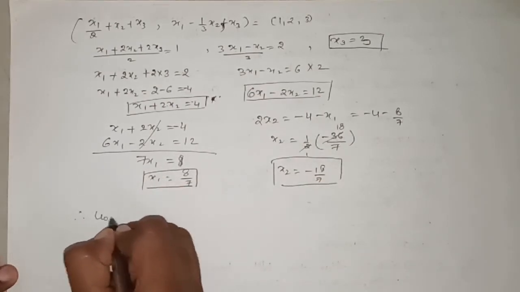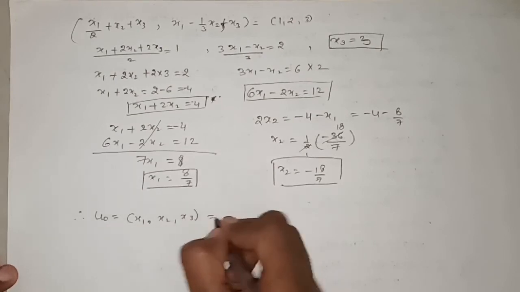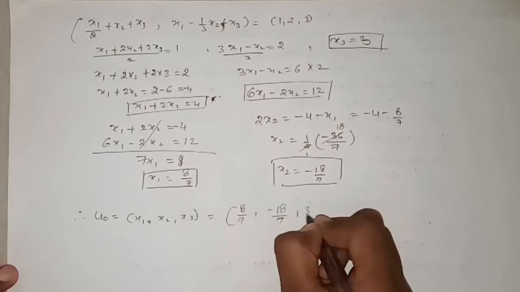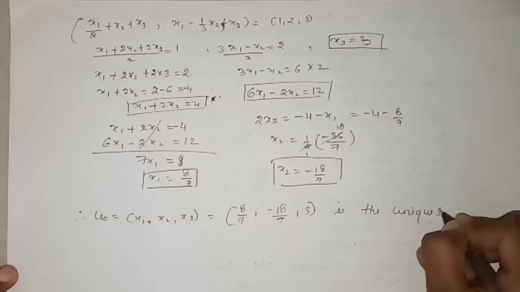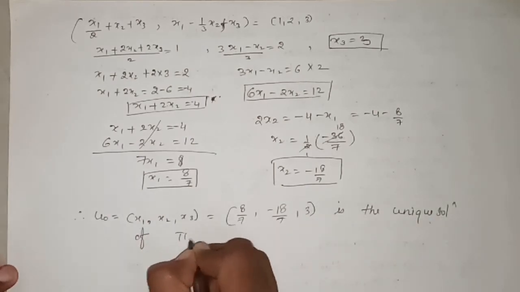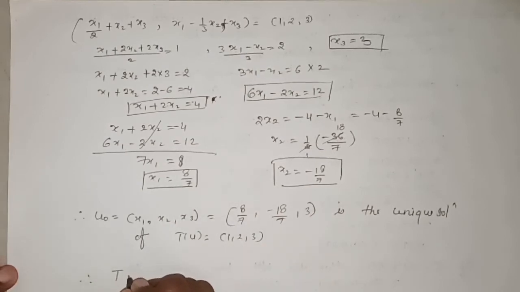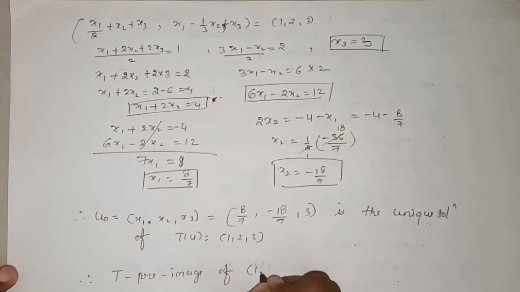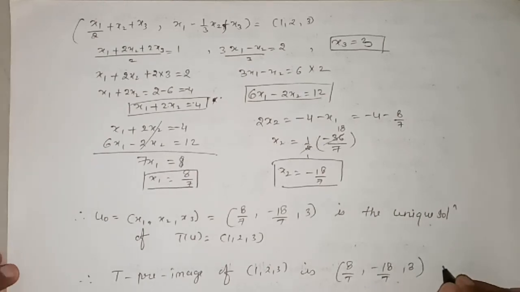Therefore, u0 is equal to (x1, x2, x3), which is equal to (8/7, -18/7, 3), is the unique solution of T of u is equal to (1, 2, 3). Therefore, the T pre-image of (1, 2, 3) is (8/7, -18/7, 3). This is our solution.